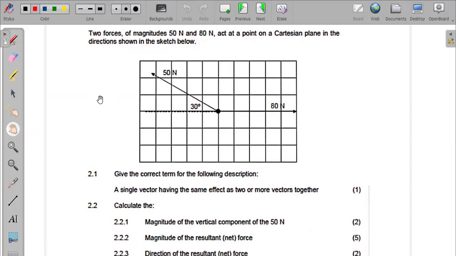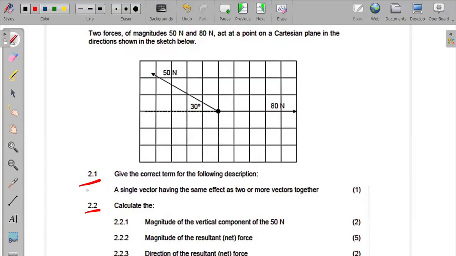That's the first question we have there. It says a single vector having the same effect as two or more vectors together. We just made that in the previous question. That's the definition of a resultant vector. So we have just given the correct term for 2.1. We have just answered it.